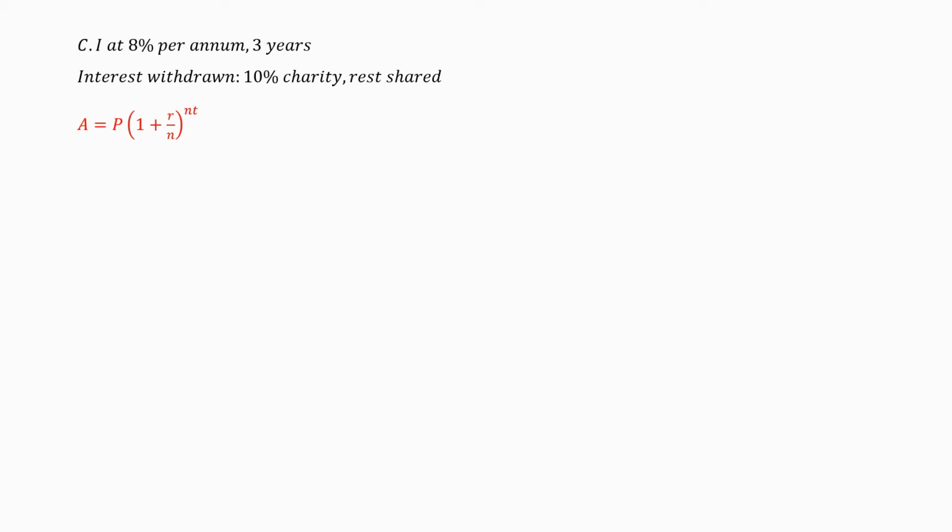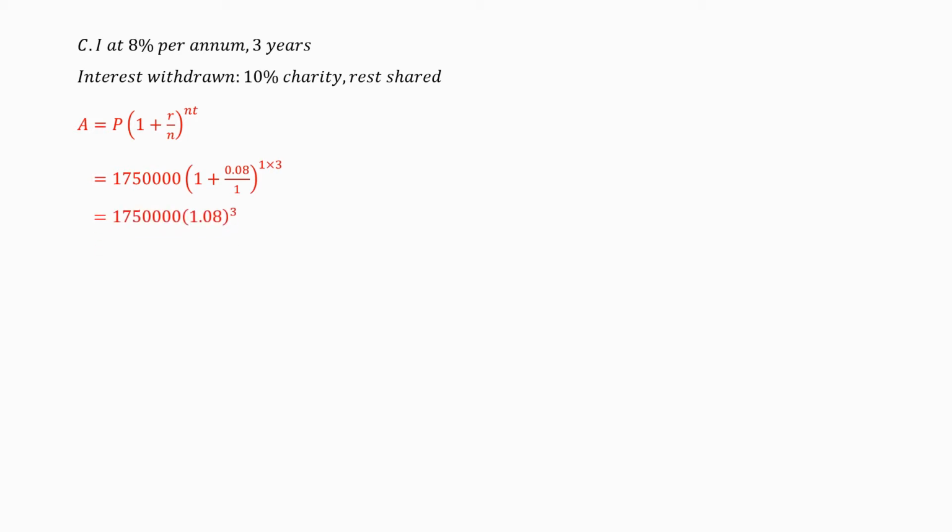So when we substitute, we have 1,750,000, which is the principal, into 1 plus the rate, 8% per annum, so it's 0.08 over 1, because the compounding happens once a year, then times 1 times 3, because we are dealing with 3 years.